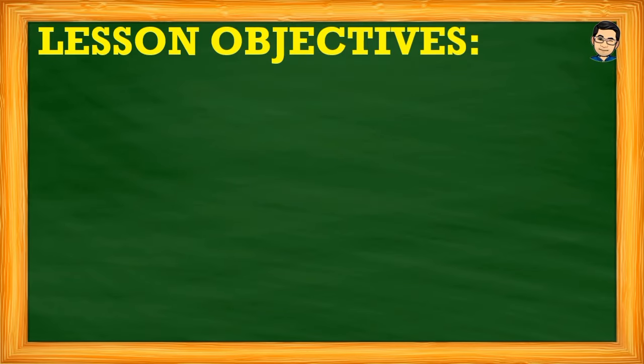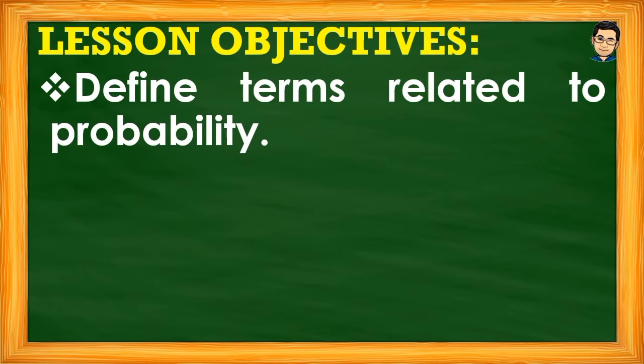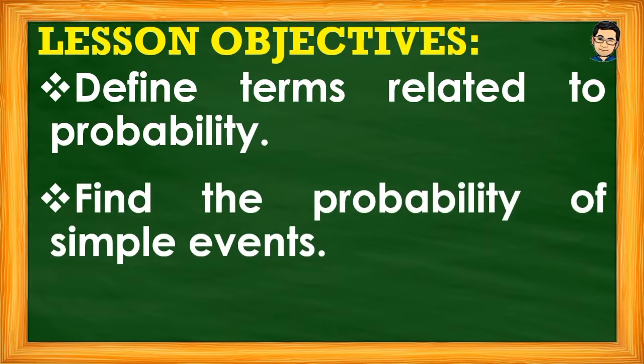So, for our lesson objectives, first, of course, we will be defining the terms related to probability. So, ano nga ba yung mga important terms na yan na kailangan nating pag-aralan para makatulong sa pag-aaral ng ating lessons on probability.